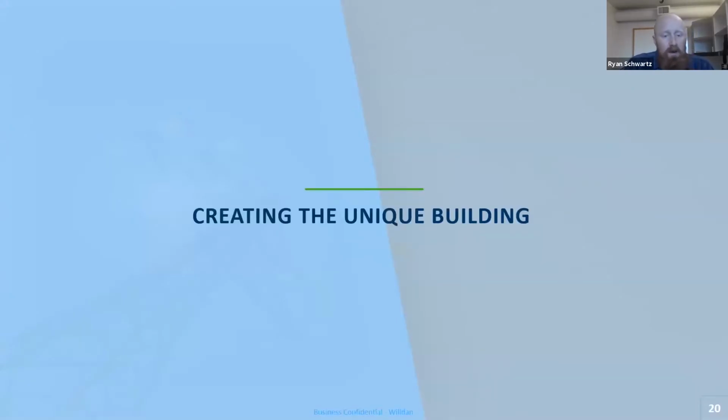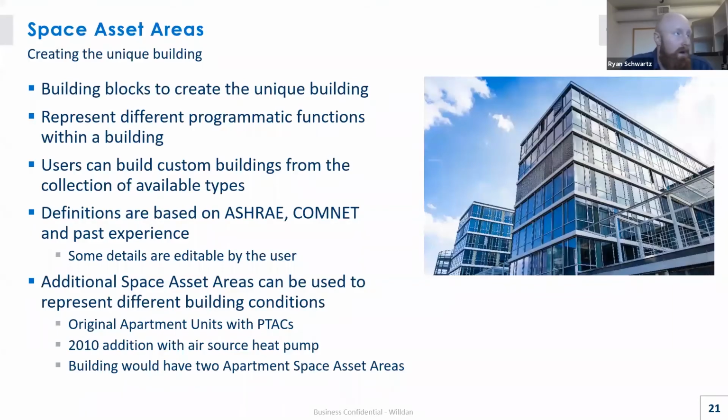I mentioned you can create any unique building, and that is by what we call assigning space asset areas. Space asset areas are really the building blocks of the model, and they represent the basic programmatic functions within a given building. From the space asset area types that are available, you can create any kind of custom building that you have.